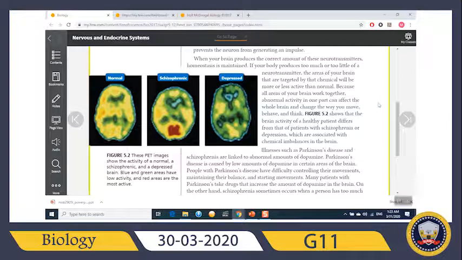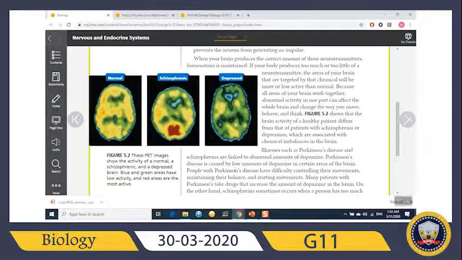Okay, so for example, if you notice this figure, these are PET images. This is the normal brain. This is the schizophrenic brain, and this is depressed. So schizophrenia, let me define it in the simplest of ways. It's the transition from your reality state to a delusional state.